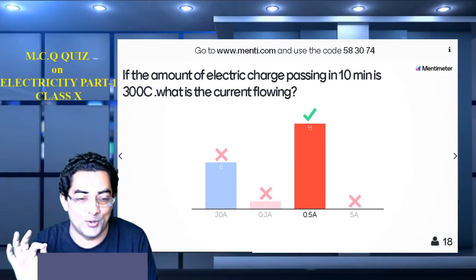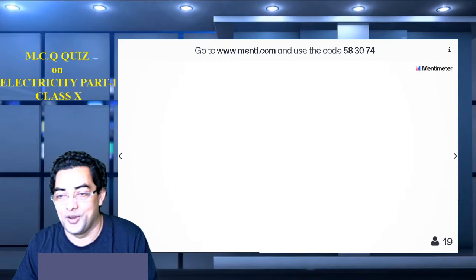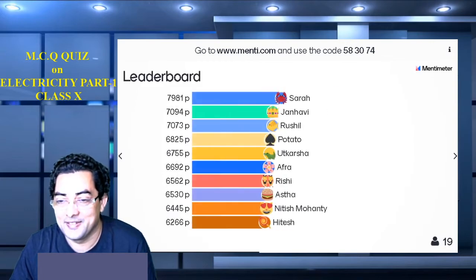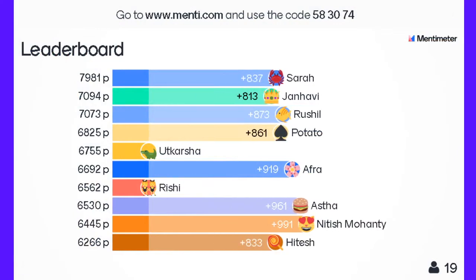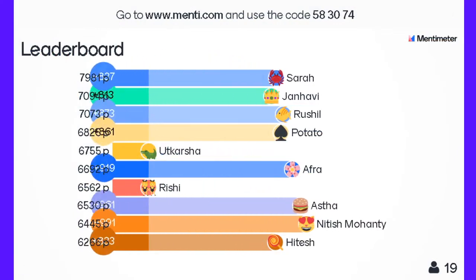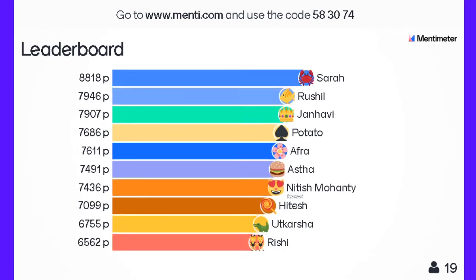A lot of changes are going to happen on the leaderboard. Yes, this is the leaderboard coming up. And this is the score. Scores are these. Changes. Sarah the crab still leading on top, followed by Rushil the fish, followed by Janvi the crown.